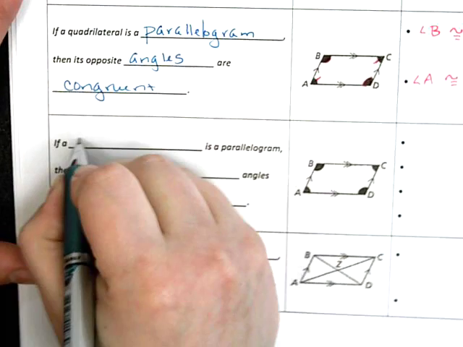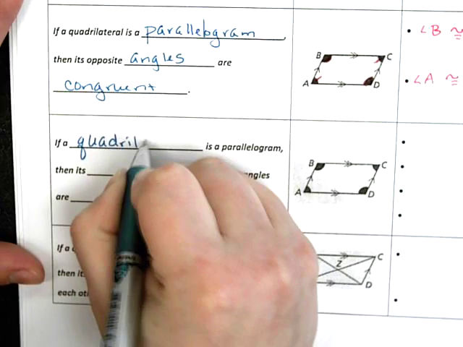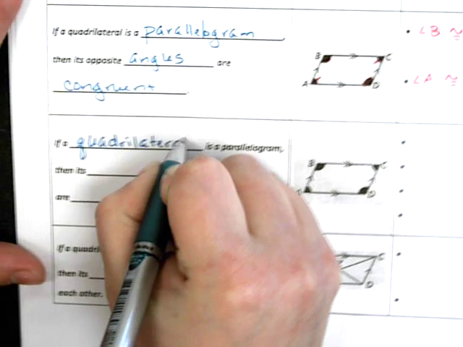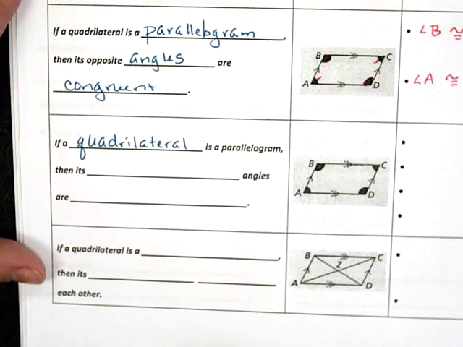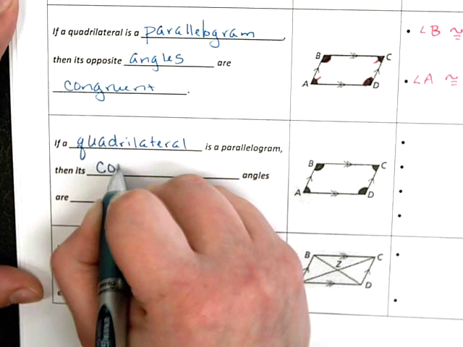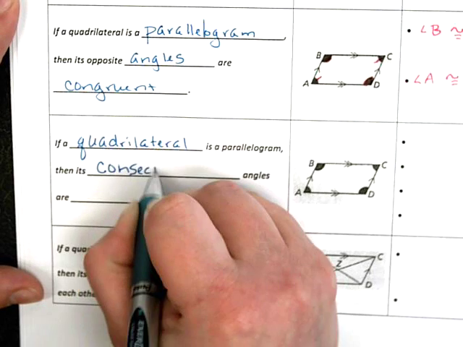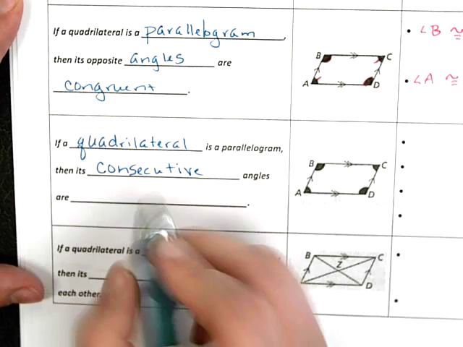The third one, if a quadrilateral is a parallelogram, then its consecutive angles, so not talking about opposite anymore, now we're doing consecutive, its consecutive angles are supplementary.